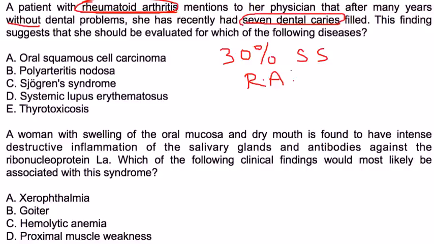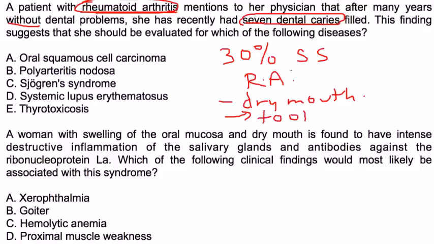Now, people with chronic dry mouth can eventually get dental caries, because chronic dry mouth can lead to oral problems, which include infection with candida.